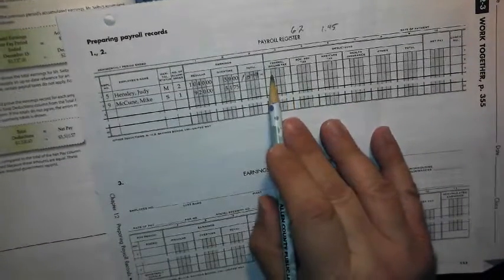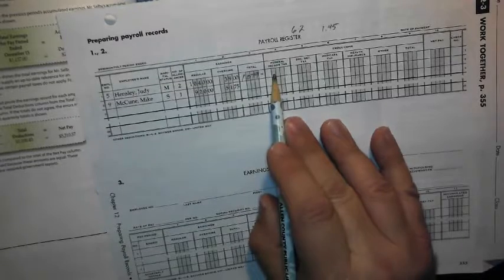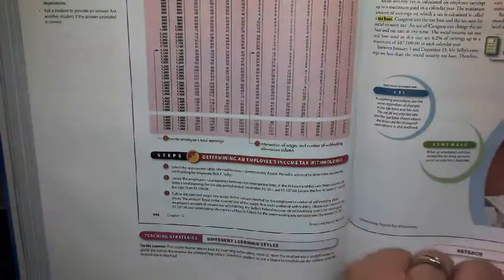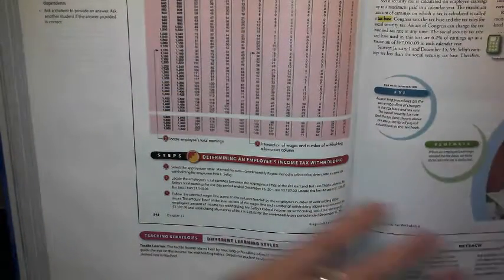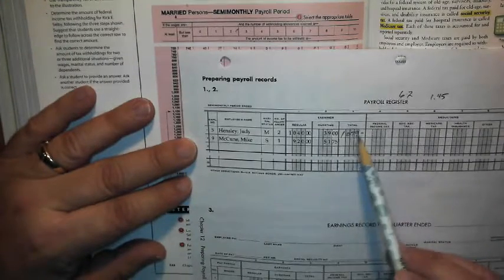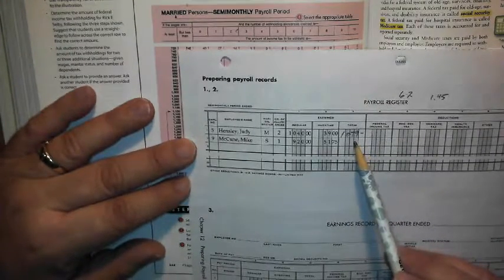Now the federal income tax. That's the one that we find back on the pink charts. Look at the book. Flip over to the pink charts. She's married. We'll put a little bookmark there. Remember, her total with overtime was $1,079.